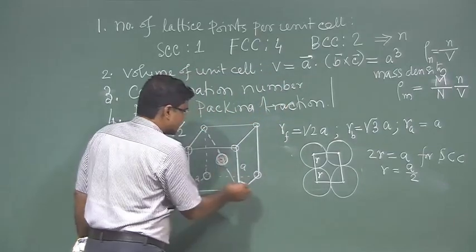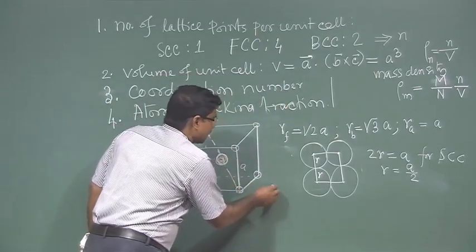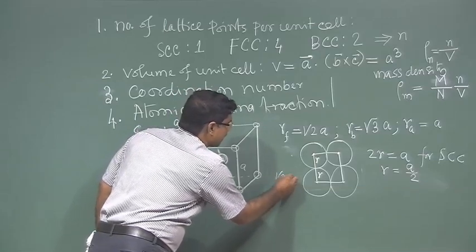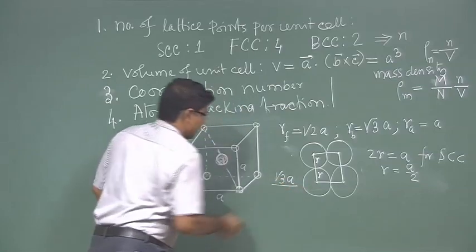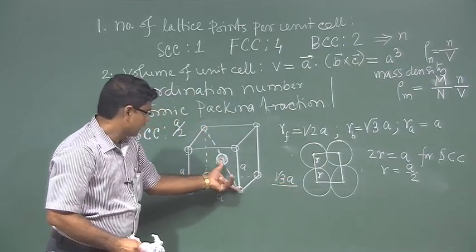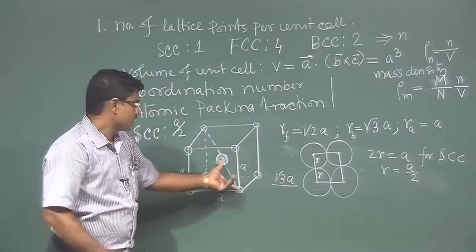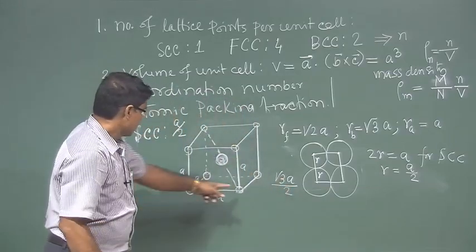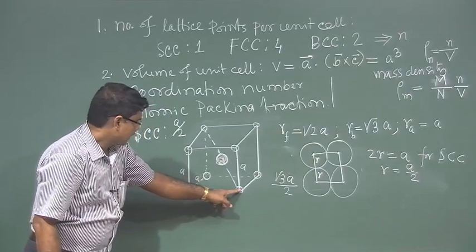So in this case, we will get the distance between these two atoms as root 3 a by 2. Okay. And other distances are there.